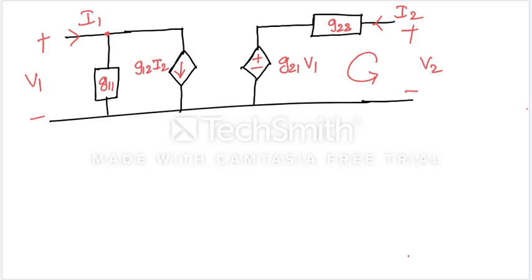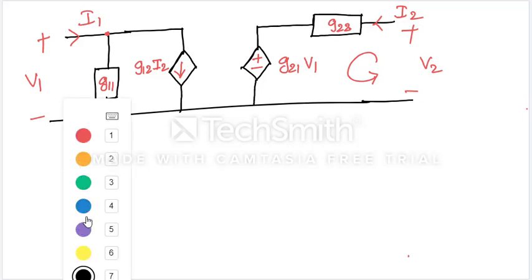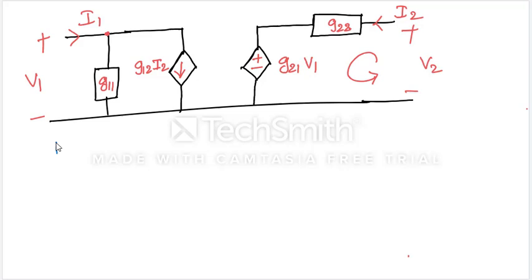If delta G, the determinant of the G matrix, is equal to 1, then we call the network symmetrical.